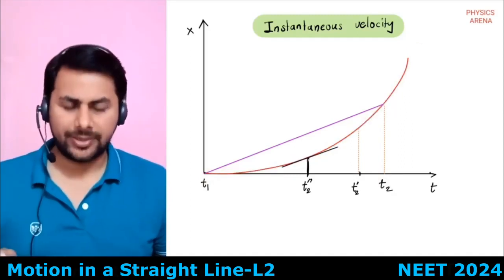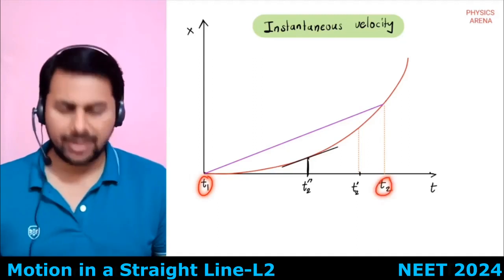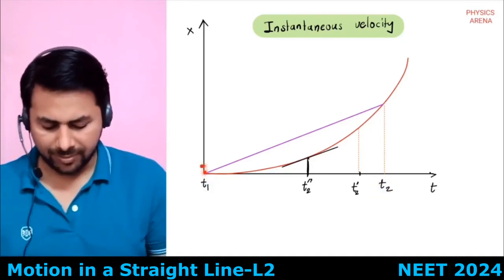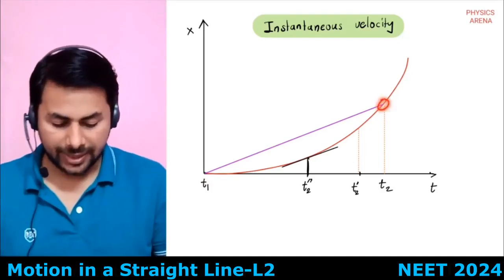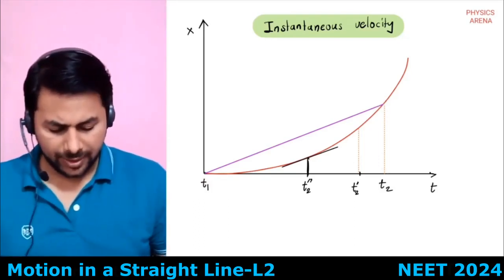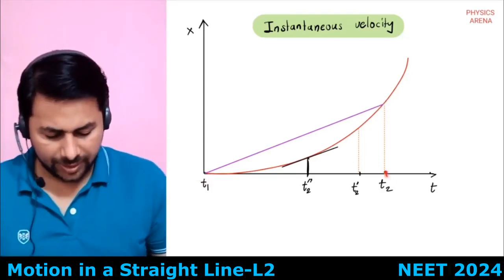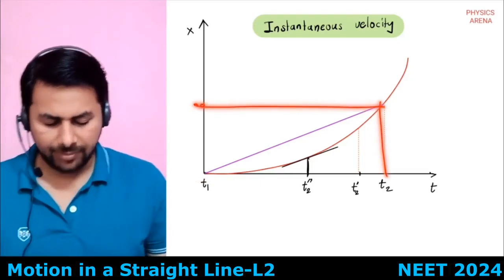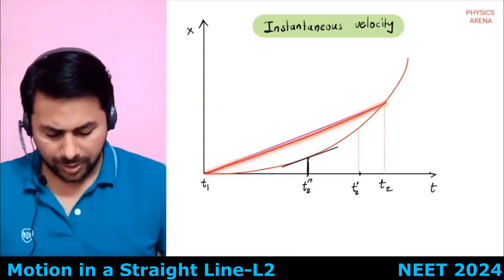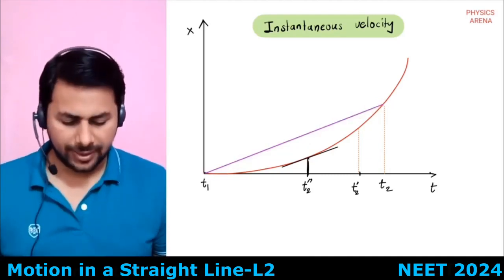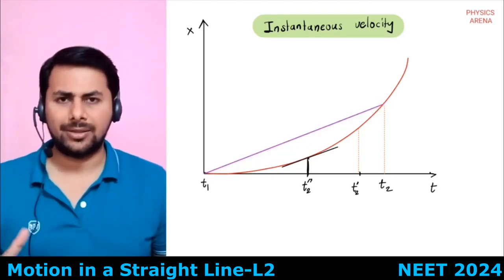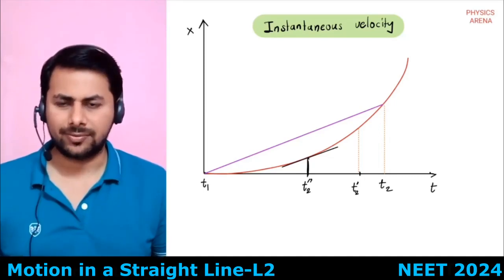I mark 2 points corresponding to this time and this time. So this is the position at time t1, this one is the position at time t2. If I join these 2 points, I will get a line like this, right? And the slope of that line will give me velocity.